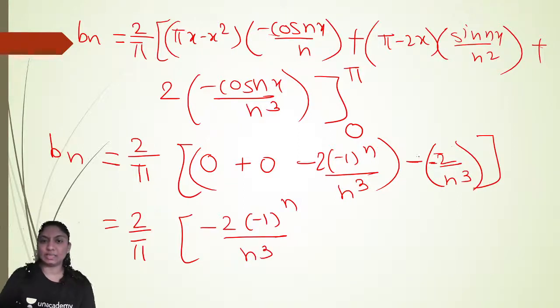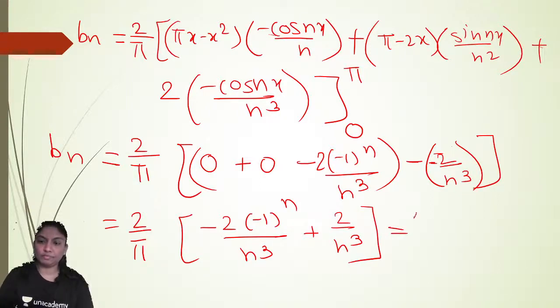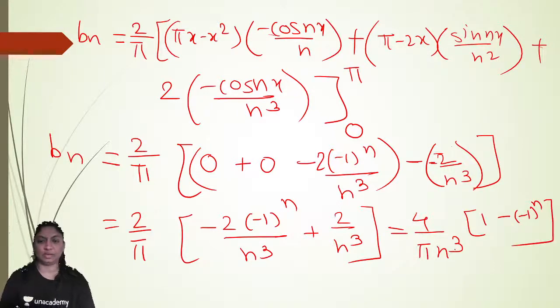Now this minus sign, and after putting x is equal to 0, this becomes minus 2 by n cube. So it is plus 2 upon n cube, right? So take 2 outside. So you will get here 4 by pi n cube, with n cube also outside. So here becomes 1 minus (minus 1) raised to n, right? After taking the 4 upon 2 upon n cube common, you will get this. So you will get Bn is equal to this.